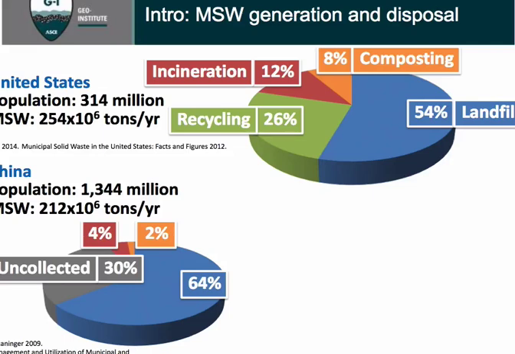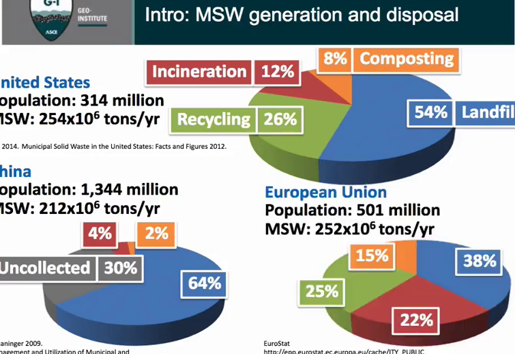Here I'm also showing the difference in the disposal method. For the United States, around 50% of the solid waste is actually sent to landfill. For China, it's about 60%. And for the European Union, although they have more or less the same amount of waste being generated per year, they have a different disposal strategy.